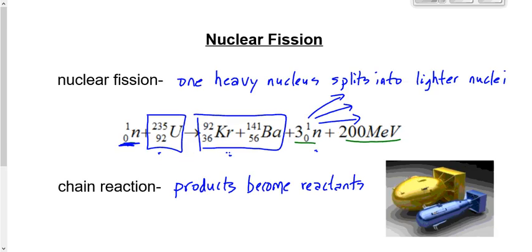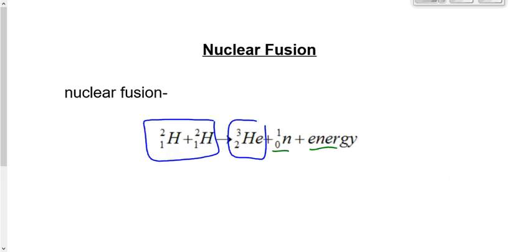Now, this is kind of tricky to get going because we have to fire a neutron at it and turn it into uranium-236. This is even trickier to get going. Hydrogen, remember we're talking about nuclei here, not atoms. A hydrogen nucleus is positively charged, as is every other nucleus. If you get two hydrogens and you're bringing them close enough together to fuse, they're going to repel each other a lot.